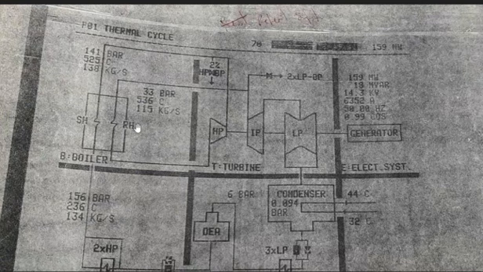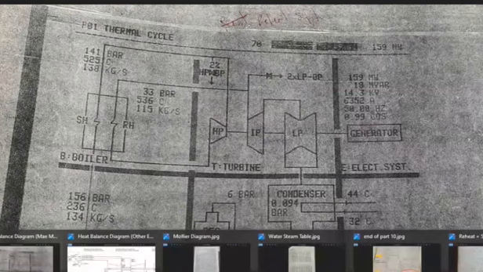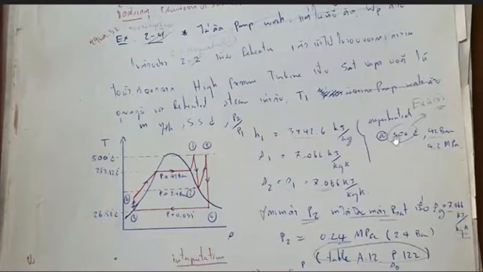So the temperature and the pressure we can measure, and we will need to find the other properties such as enthalpy and entropy from the chart, the graph, or the table, whatever we want to use.